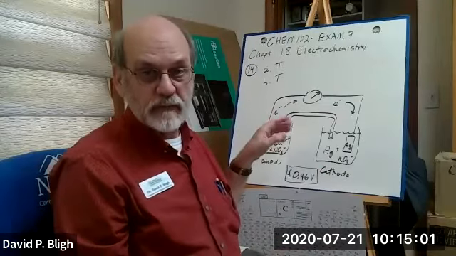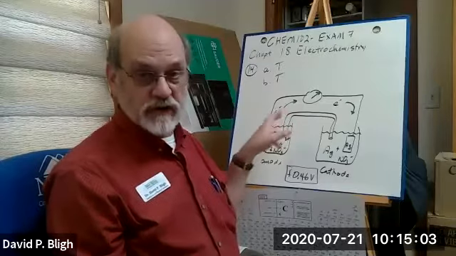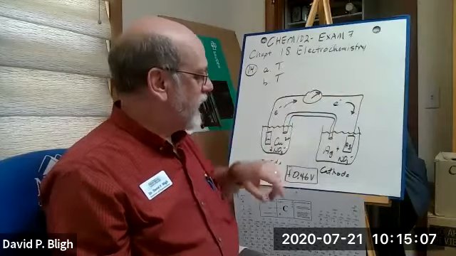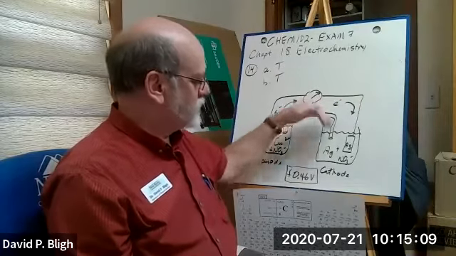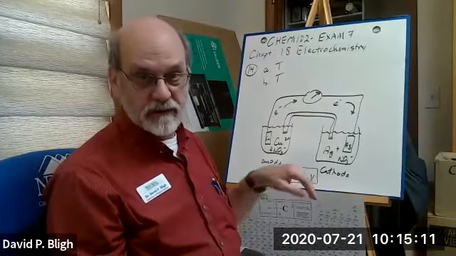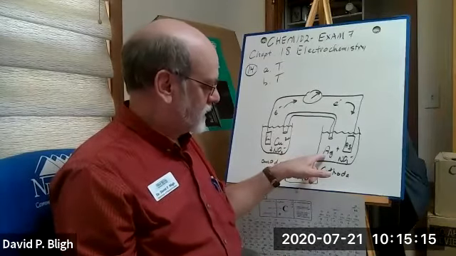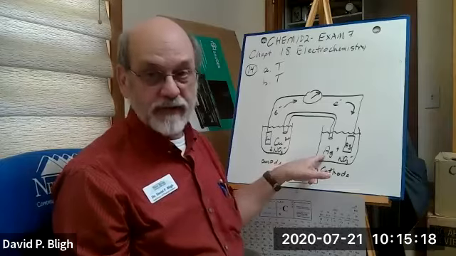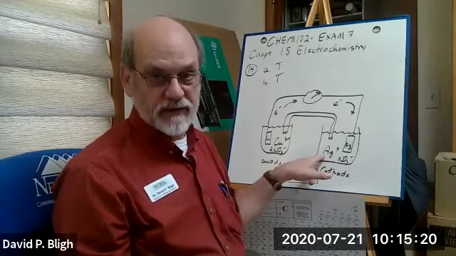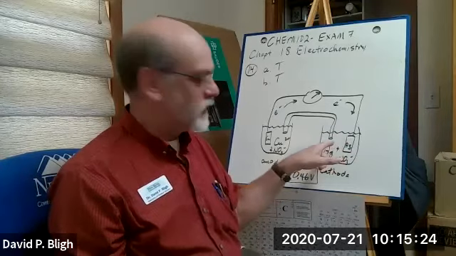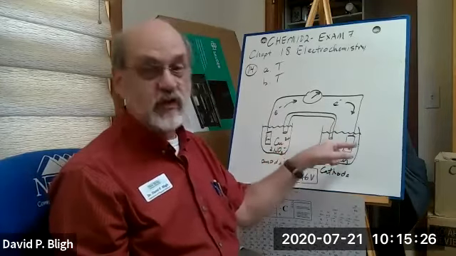In order to balance charges, because we're moving negative charges over here, that means we have to move positive charges over here to balance them. But silver is not the one that's moving, because it's being reduced into silver metal. So it doesn't move that way. It's consumed.